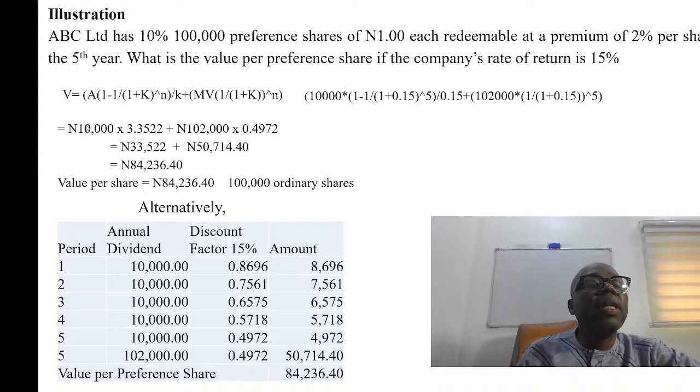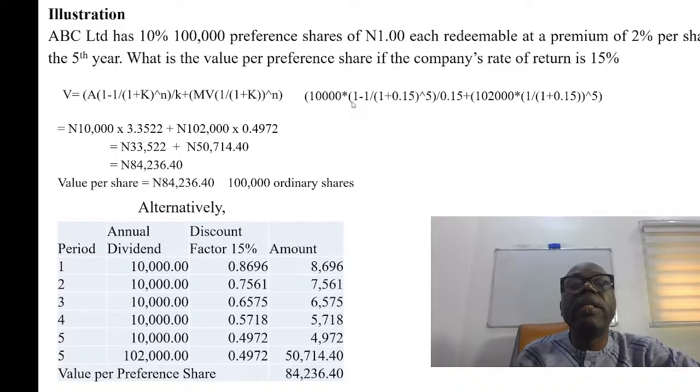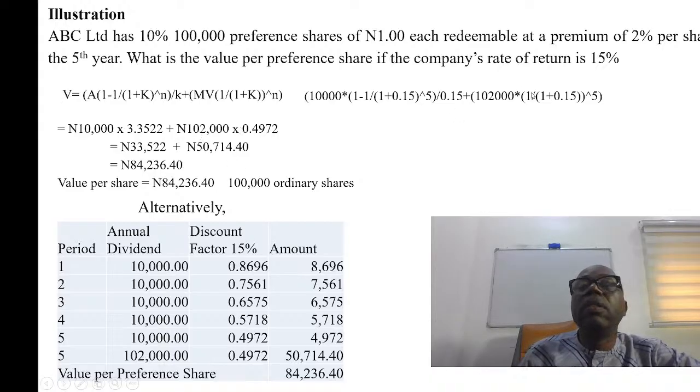So I'm saying that this 10 is this 10 here, and this 3.3522 is from here to here. If you calculate it from here to there, you have this amount. Then this one is from here to here, you have this amount.